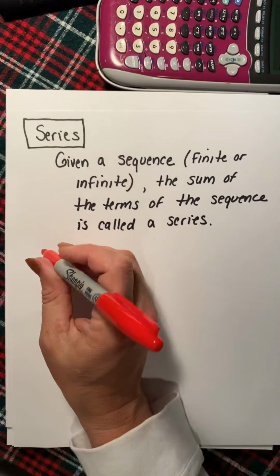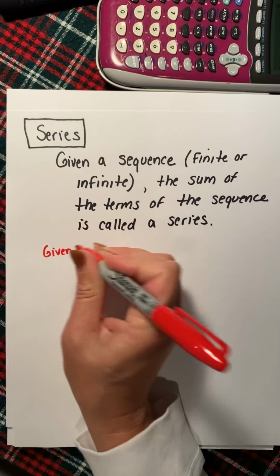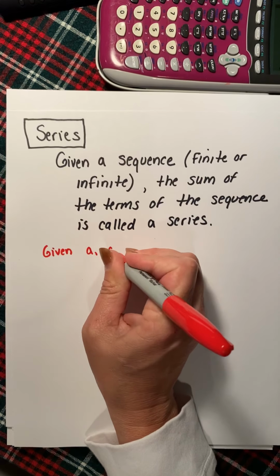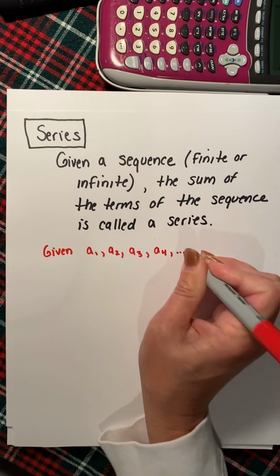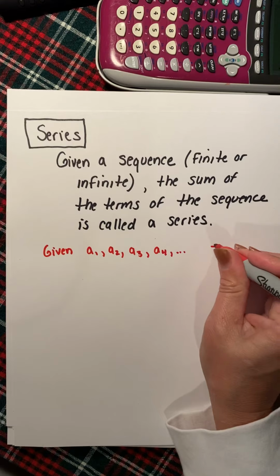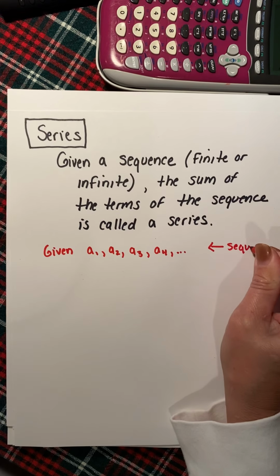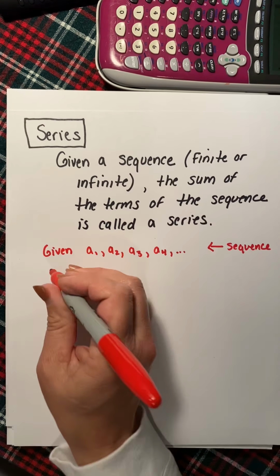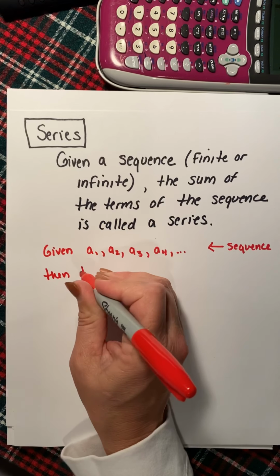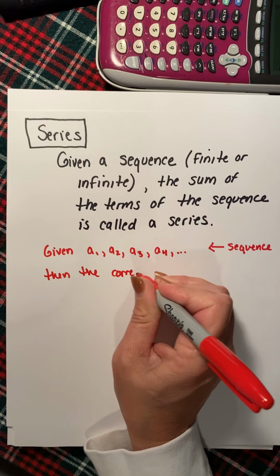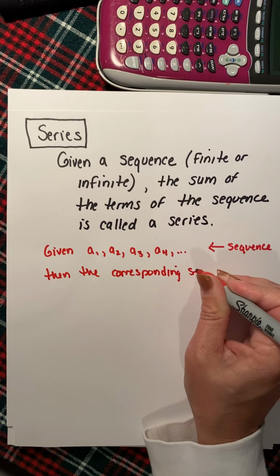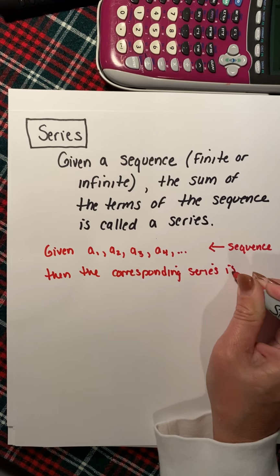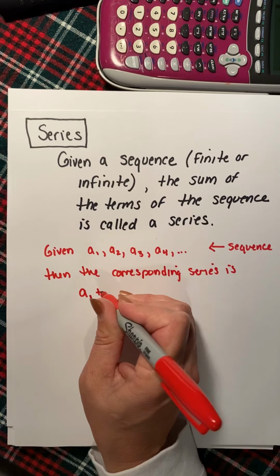So given A1, A2, A3, A4 forever, this is a sequence, then the corresponding series is just the sum of these terms.